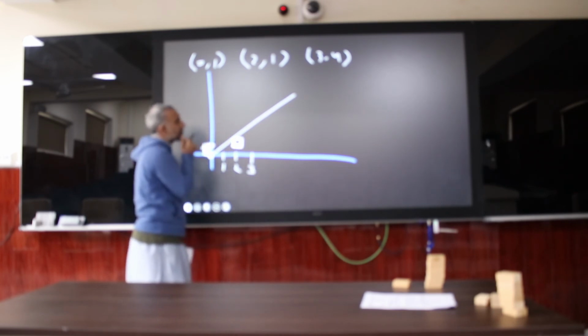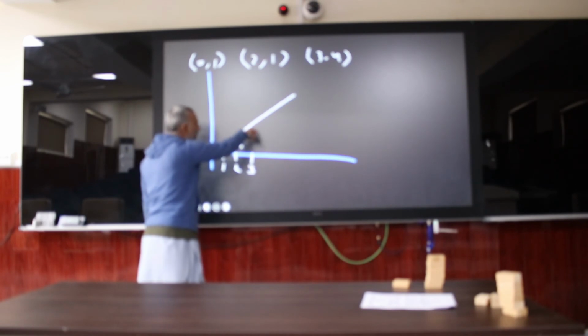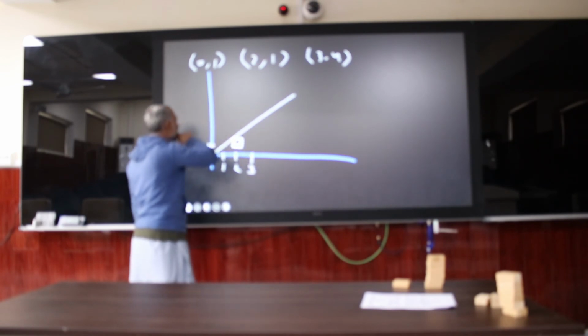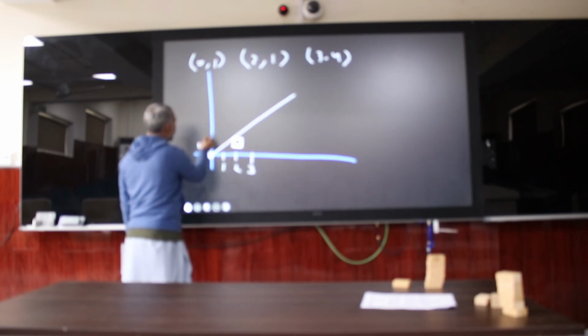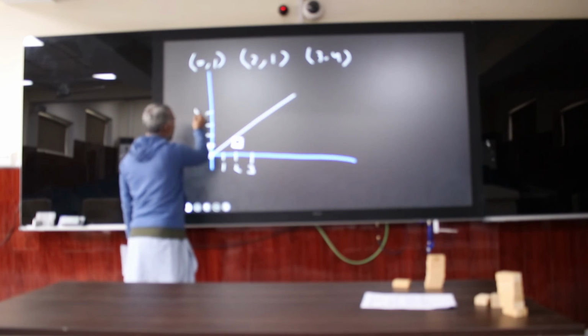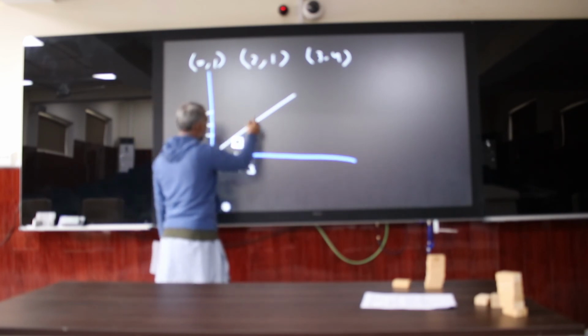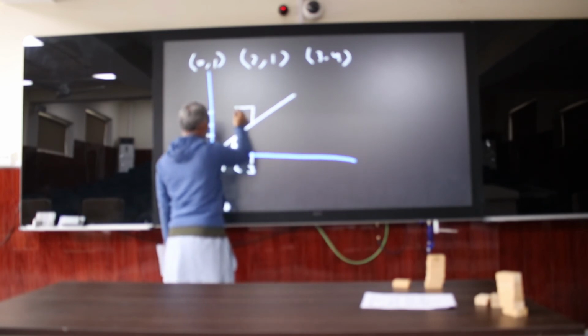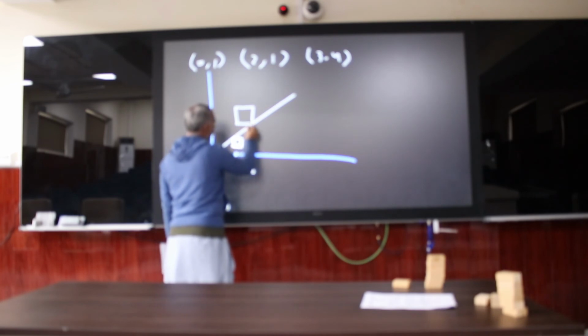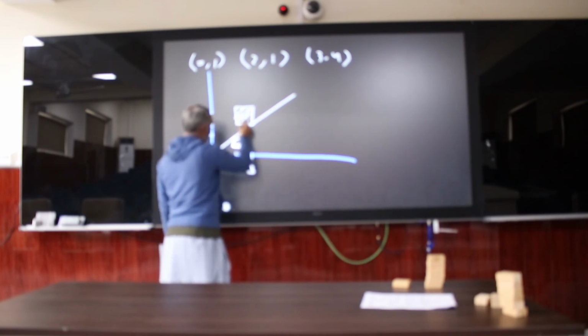Now for the third there is again a scale, but it is not beneath the line. It is above the line, at 3, 4. It is a big scale.